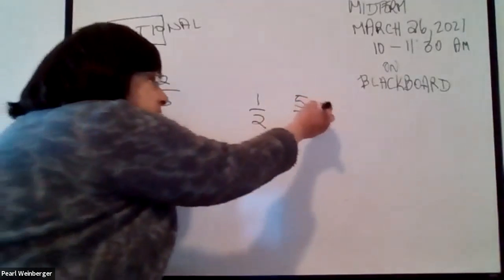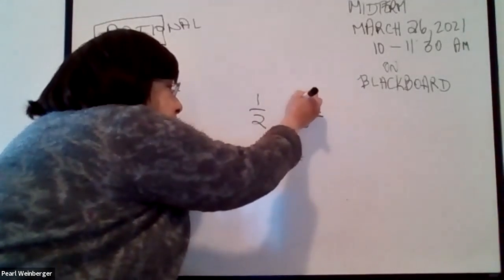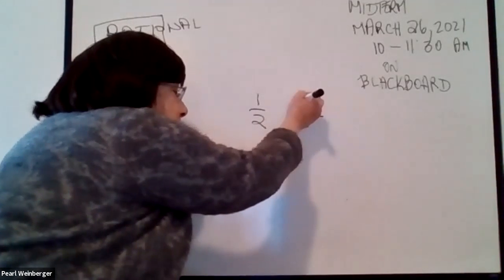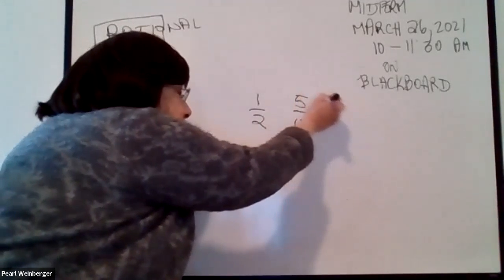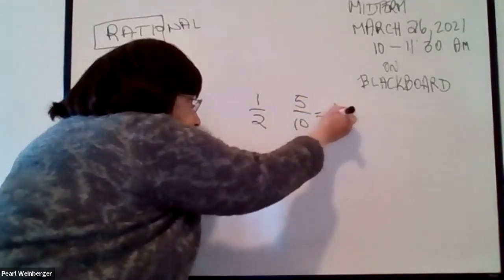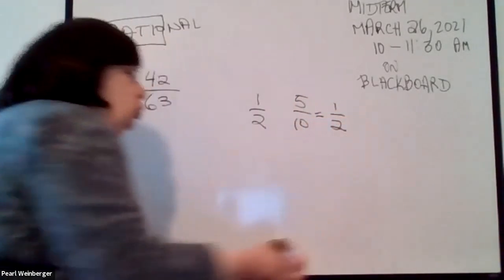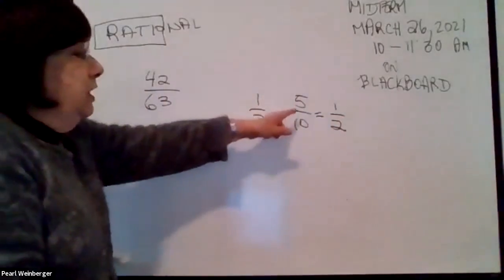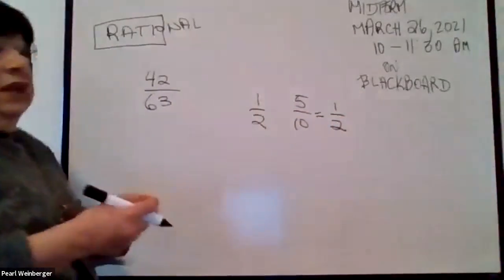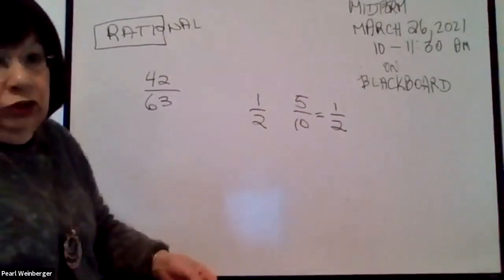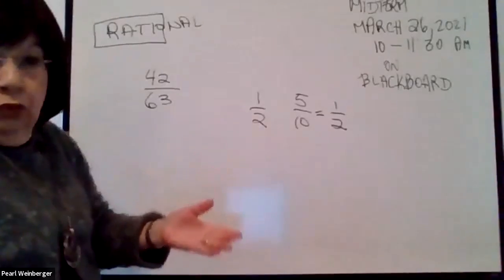In this case, I can divide both the numerator and denominator by 5. 5 divided by 5 is 1, and 10 divided by 5 is 2. So 5 over 10 is equal to the fraction 1/2. The reduced form of 5 over 10 is 1/2.